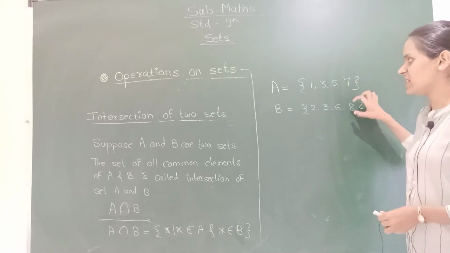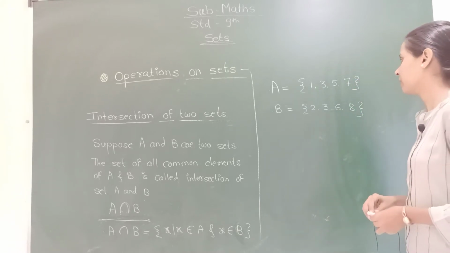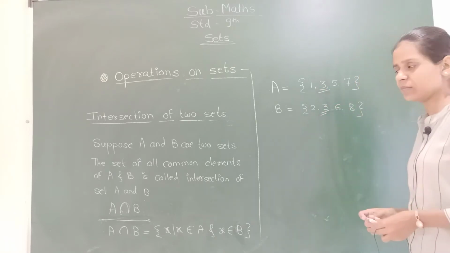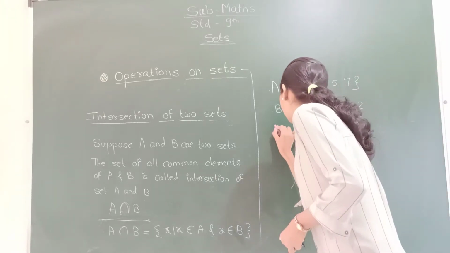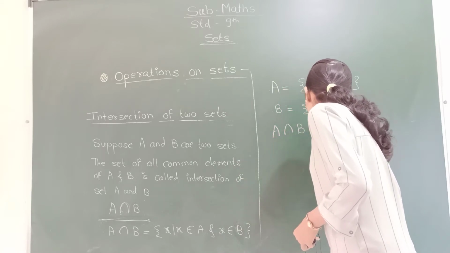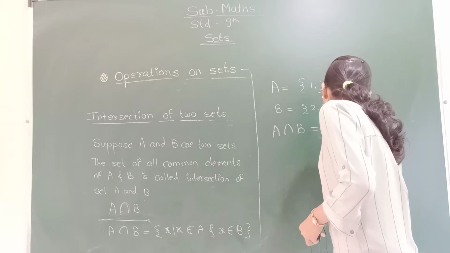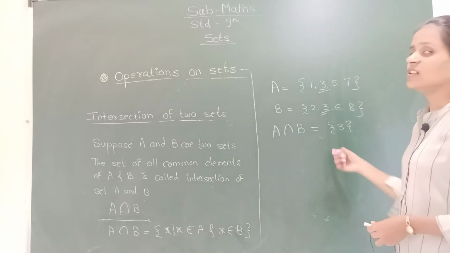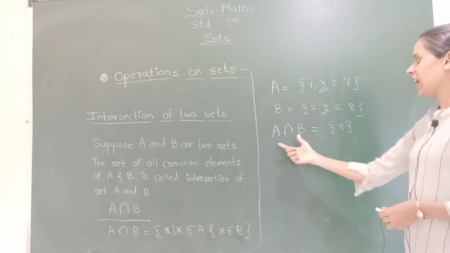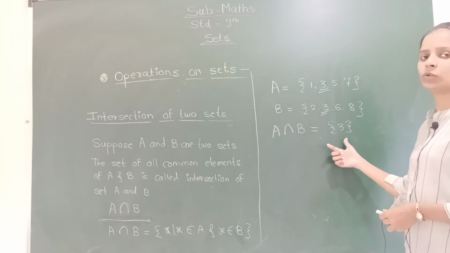The common elements in between set A and set B. Then 3 is the common element between set A and set B. So we will write A intersection B is equal to {3}, because 3 is the common element in between A and B. Therefore, A intersection B is equal to {3}.